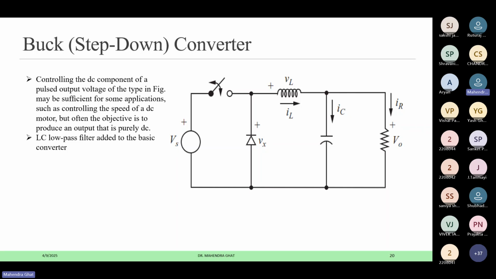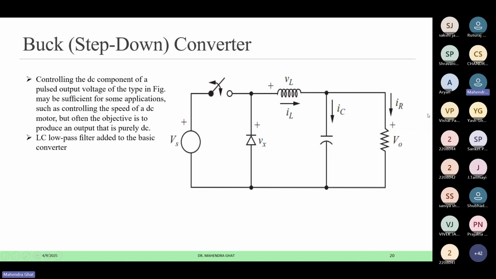Yesterday, the first DC-DC converter we were talking about is the step-down converter. It is also called the buck converter. The overall arrangement has an input voltage, and the output voltage is obtained across the load. As the name suggests, it is a step-down converter, meaning the output voltage is equal to or lower than the input voltage.